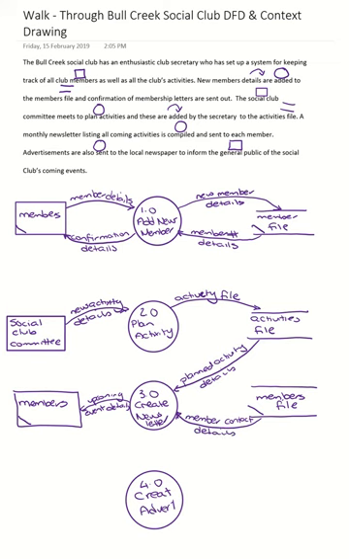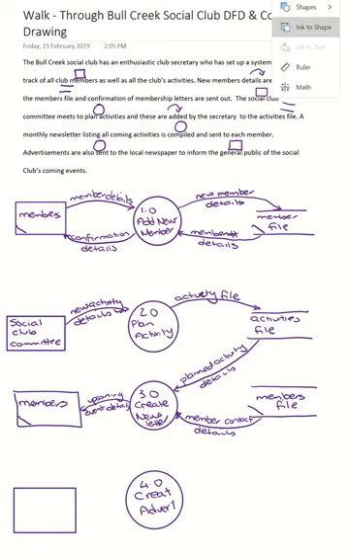Last process we've got, which is ads are sent to the local newspaper to inform the general public of the social club's coming events. Okay, so our last external entity, you could either write general public in here or newspaper company. I'm going to write general public because that's ultimately who the data is for.